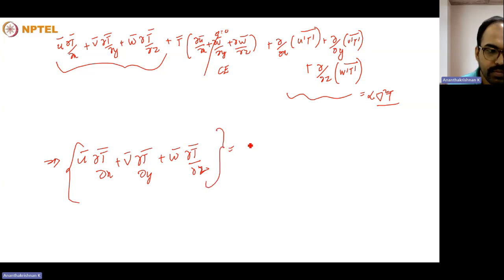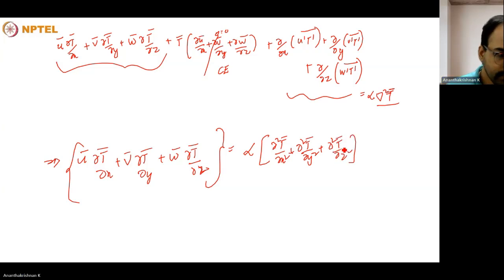So this will be alpha, we try to expand it, alpha into del square t bar. So that will be dou square t bar by dou x squared plus dou square t bar by dou y squared plus dou square t bar by dou z squared. And take the mean of the product of the fluctuating terms on the left hand side onto the right. So it will be u bar t bar, just reassembling the terms.